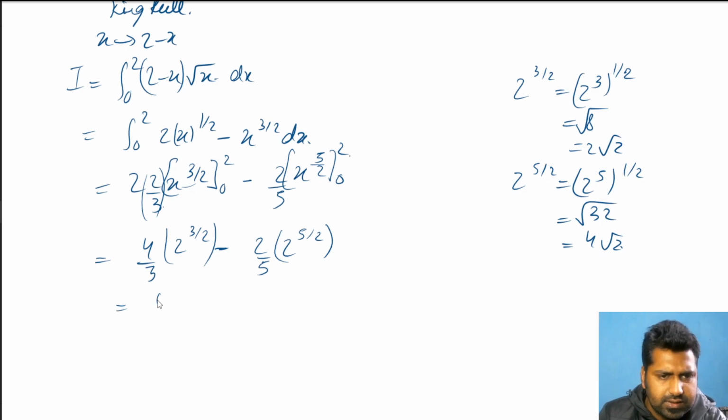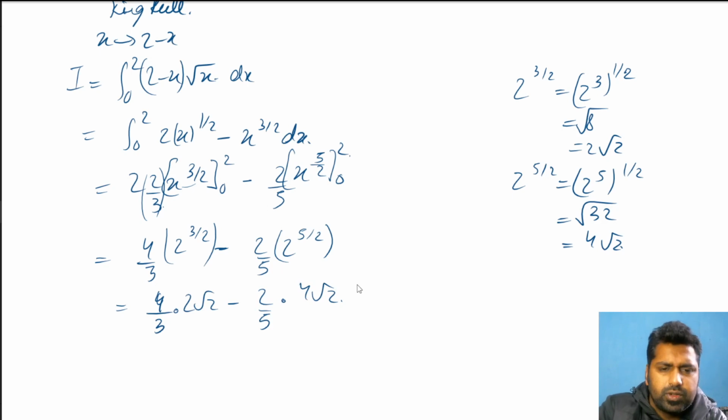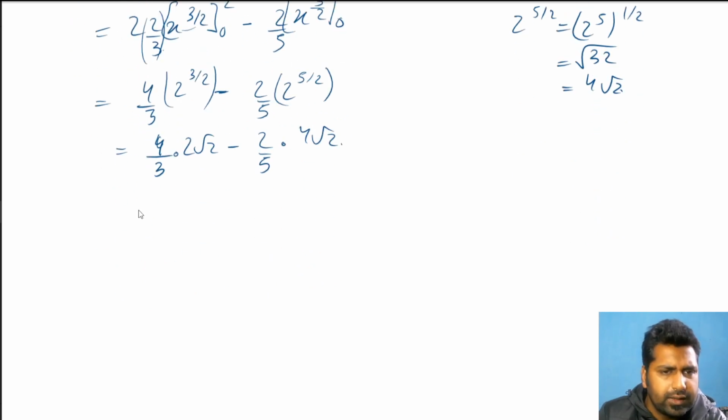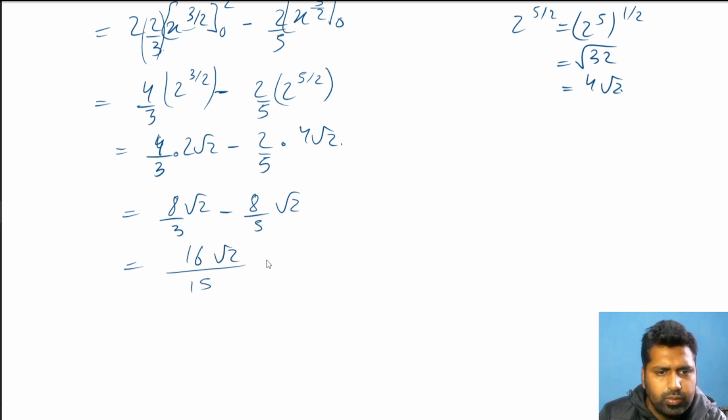So let's rewrite this: 4 by 3 into 2 root 2 minus 2 by 5 into 4 root 2. You can take root 2 common, or directly solve this as 8 by 3 root 2 minus 8 by 5 root 2. Take the LCM, 15. So 40 minus 24, 16 root 2. This is the final answer.